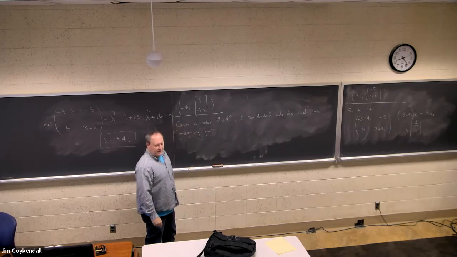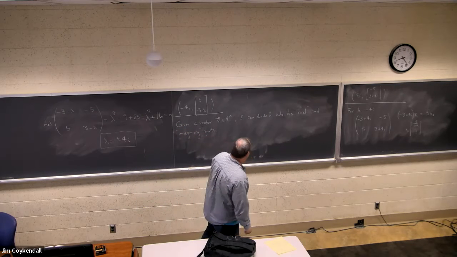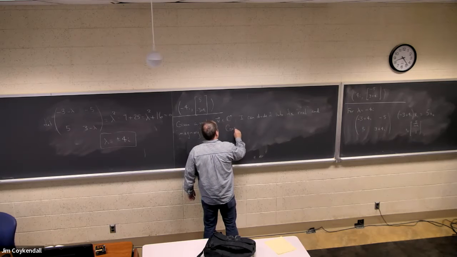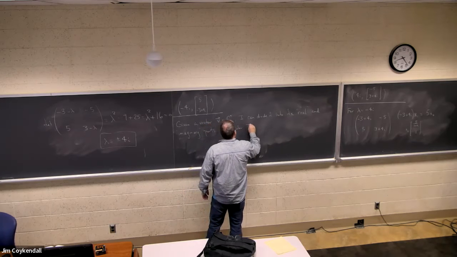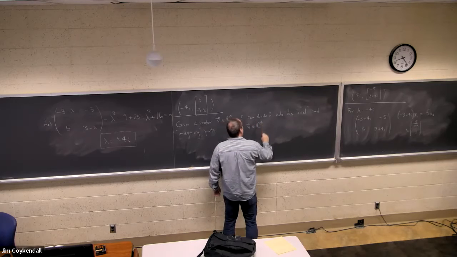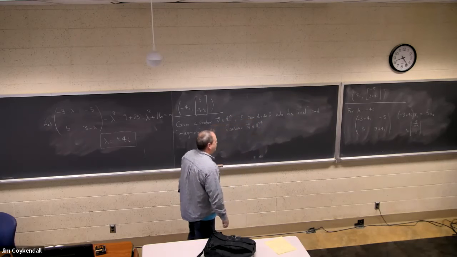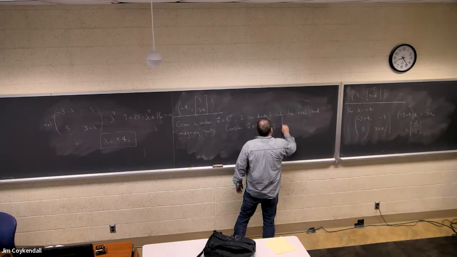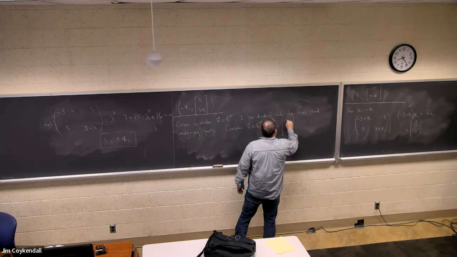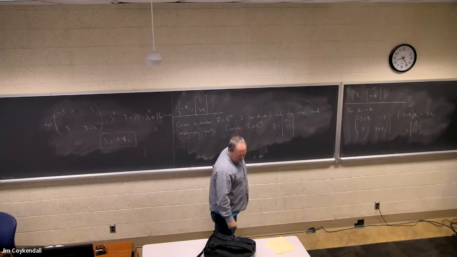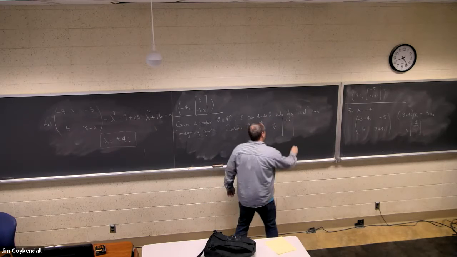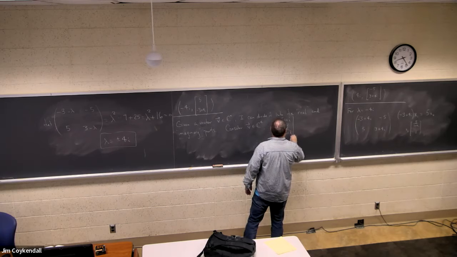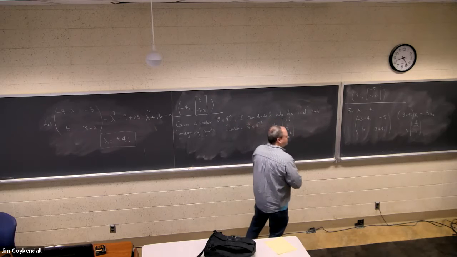And I'll kind of do this here. So if I give you this vector here, consider B in C4. Let's say that B is this: 1 plus i, 2, 3i, and 5 plus 7i.